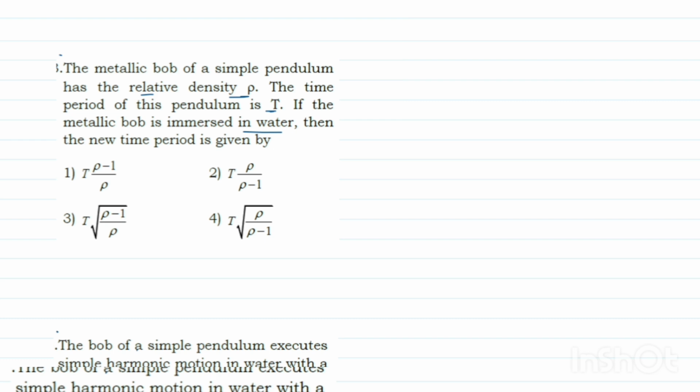Now initially when you are placing the simple pendulum in the air medium, when it's making certain oscillations, the time period formula will be 2 pi root over L by g. Now here a metallic bob's relative density is given.